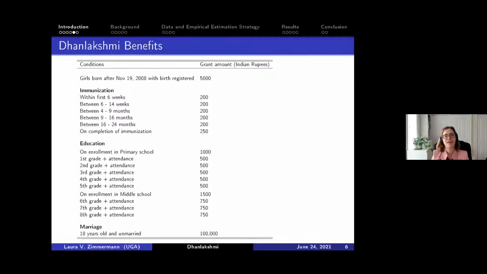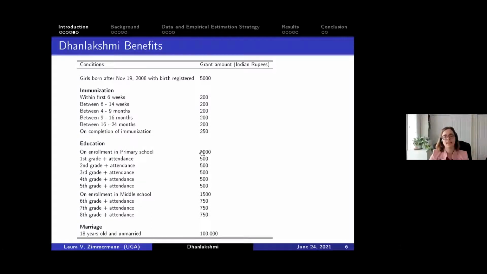This is just to give you a bit of a sense of what these payouts look like and how incremental these payouts are. So there's an initial 5,000 rupee payout once the girl is enrolled and her birth is registered. You can see here very fine-grained immunization payouts to ensure that the girl gets immunized.